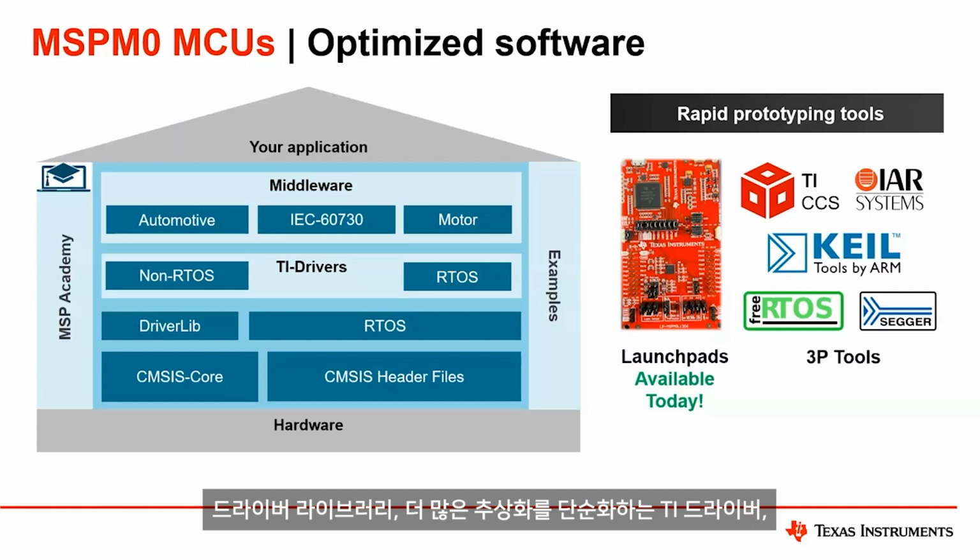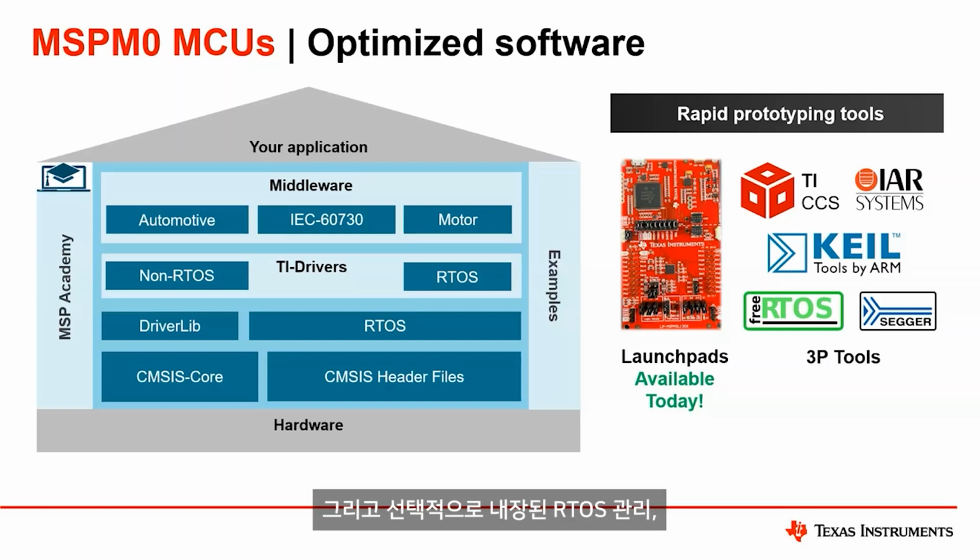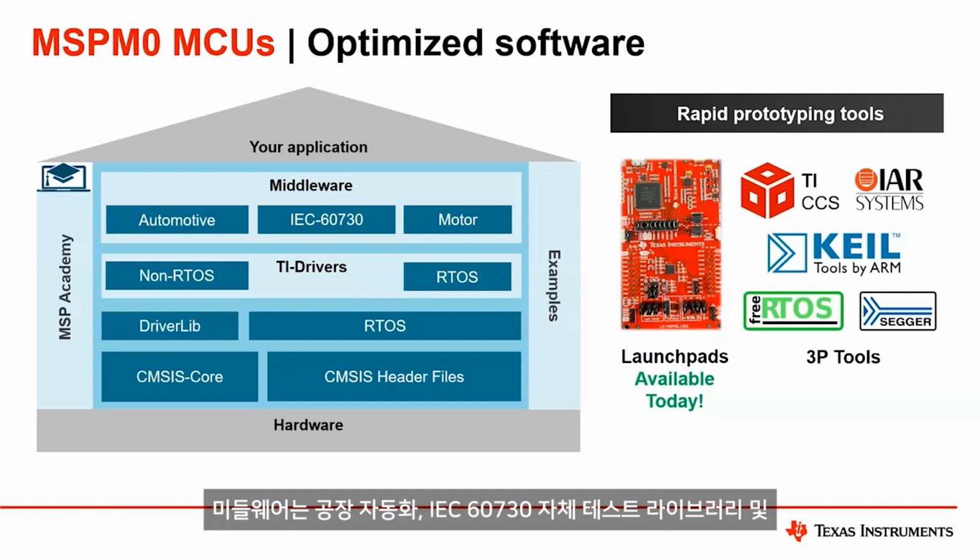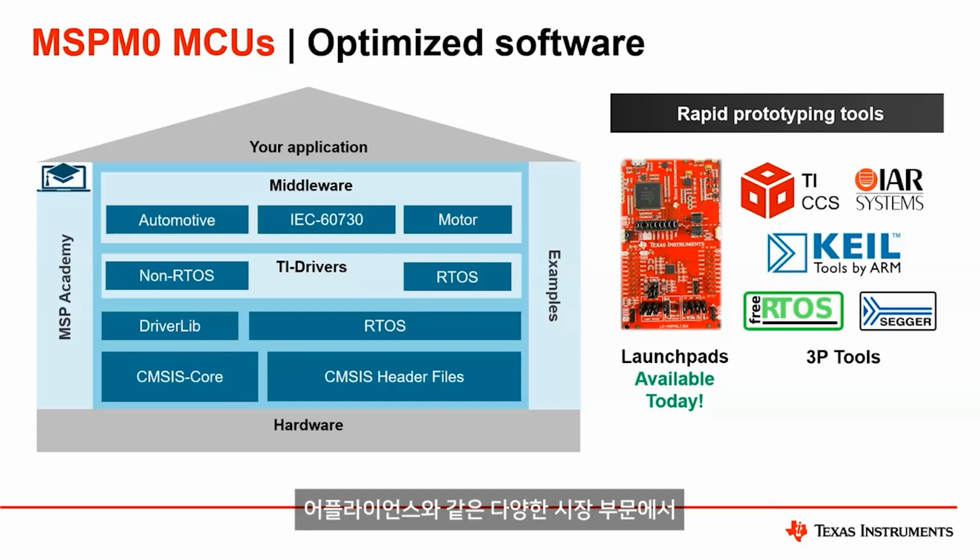The TI drivers simplify more abstraction, with optional built-in RTOS management. Middleware really emphasizes the ease of development of specific applications in different market sectors, such as building and factory automation, the IEC 60730 self-test library, and appliances. Utilizing this ecosystem gives you the building blocks to integrate into your design.